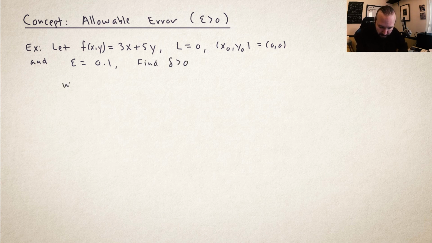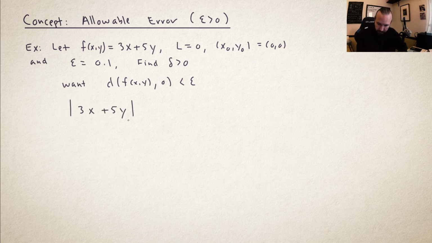So what we want here is the distance between f of (x, y) and 0 to be less than epsilon. The output of this function is just a single variable, z, we usually think of it here, but it's just a number. So that means this distance formula is a one-dimensional object.